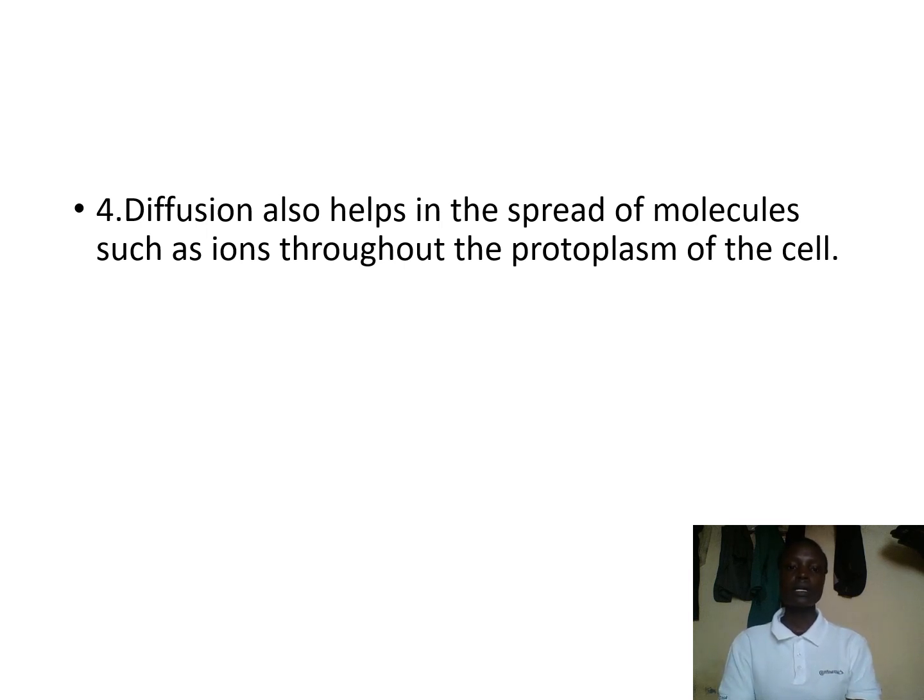We went ahead and gave an example of diffusion using ammonia. When one opens a bottle at one corner of the classroom, the concentration of ammonia will be high at the point where the person opens the bottle. Then after some time, it will diffuse through the whole class, and the whole class will smell the ammonia.